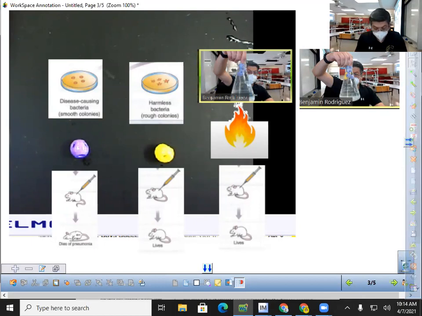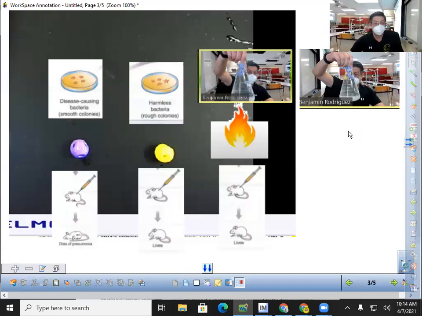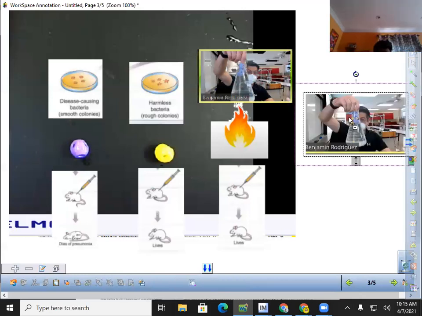Does it die? You think they should die? Why would they die? Look, the yellow ones don't kill the mice. The juice that got heated doesn't kill the mice. So when you add the two together... Oh, I thought you put the purple in it.